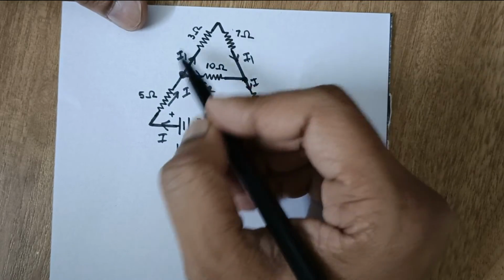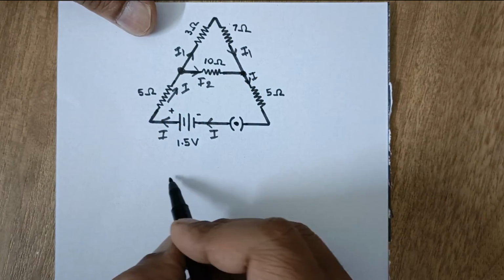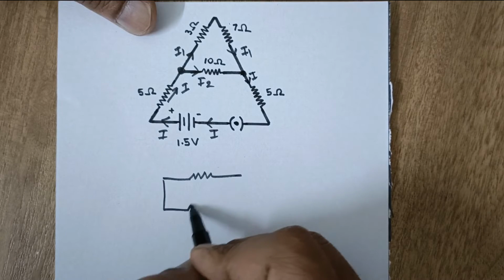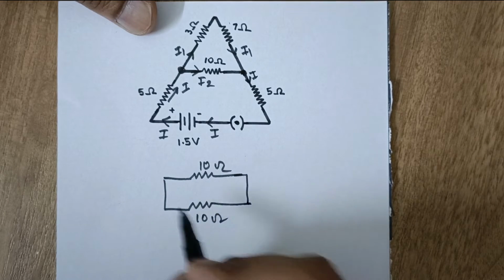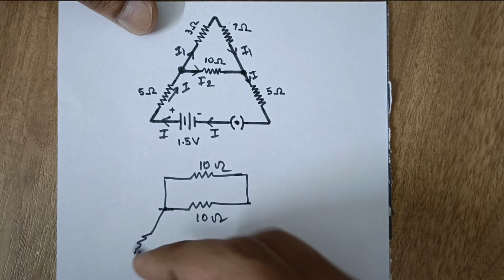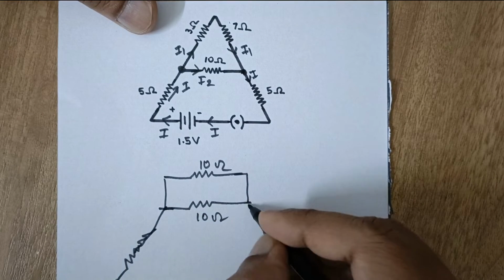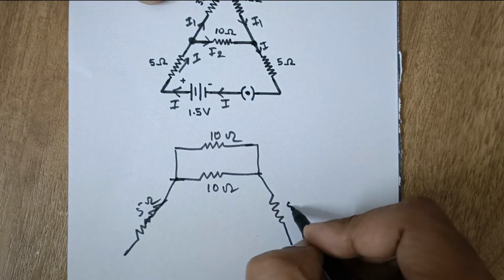So these two are in series, so 7 plus 3 is 10, and that 10 is in parallel connection with this 10 ohm resistance. You need to be very careful while solving the problems, and then like this, these two are again 5 ohm resistors.